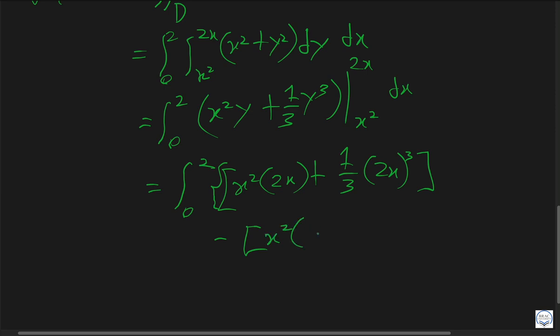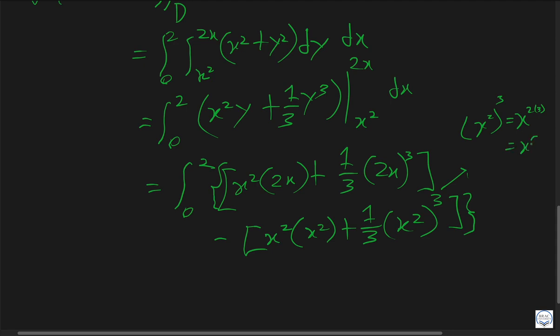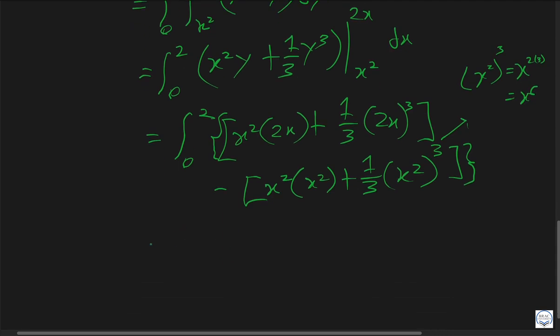Now we put the lower limit. Now this term is just x squared to the power 3, which equals x to the power 2 times 3, and this is just x to the power 6.